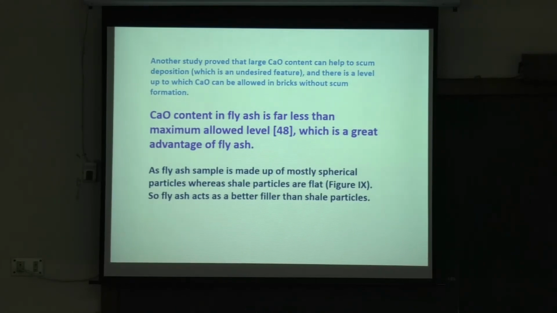As fly ash sample is made up of mostly spherical particles. Yes, you are asking, your question was, is fly ash spherical, Dr. Arpita? Yes, it's made of mostly spherical particles, whereas shell particles are flat, so fly ash is much better than shell particles.